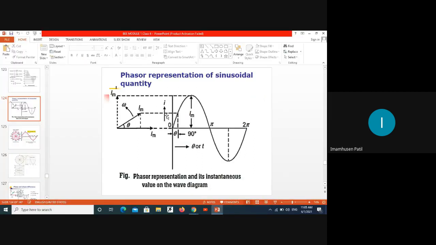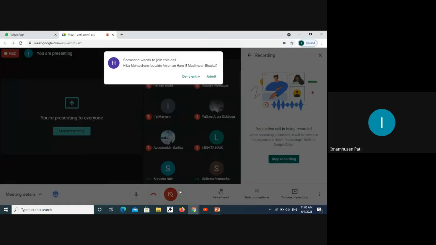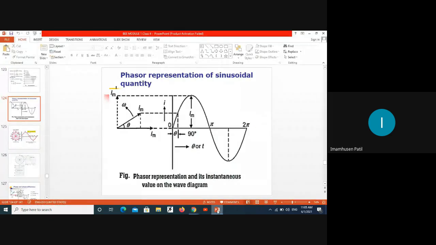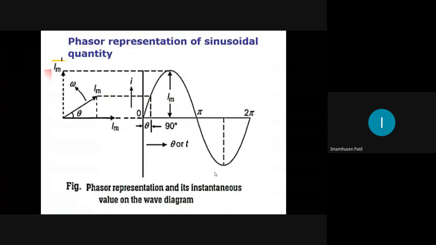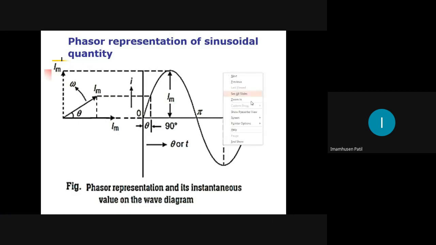Every time you have to draw it, and it is very difficult with this magnitude. You have to draw the magnitude and the time period properly. A pure sine wave should be there to get the proper magnitude at different times.